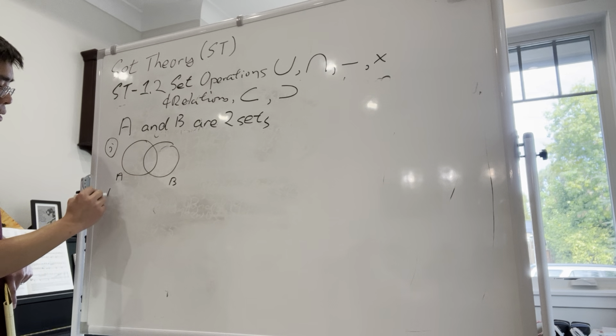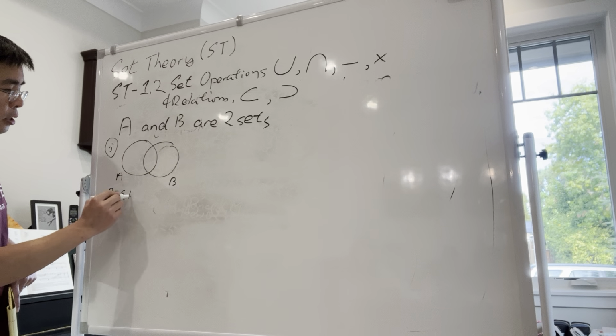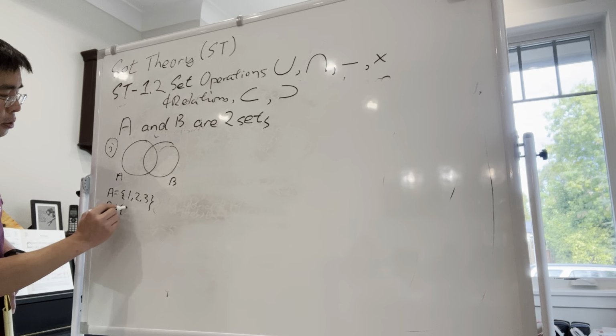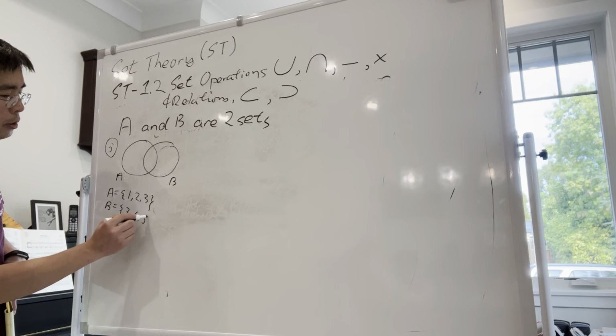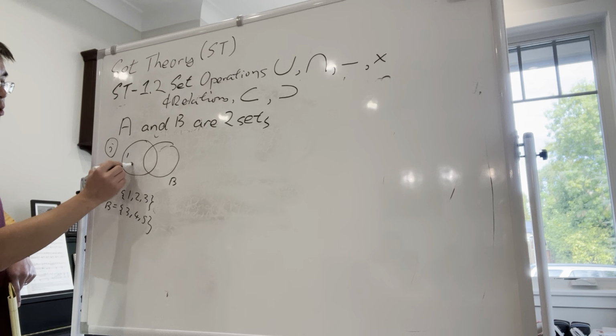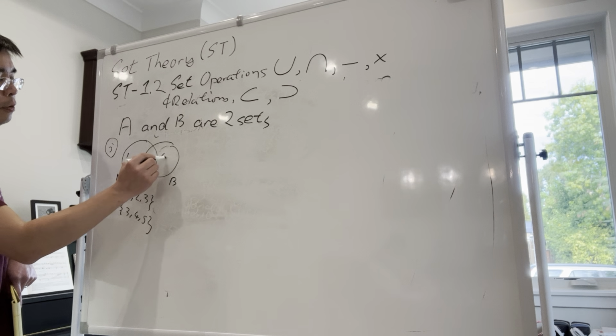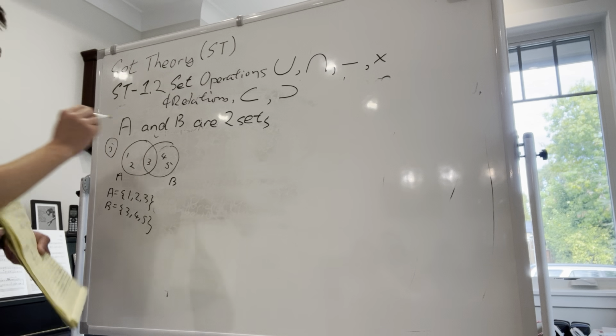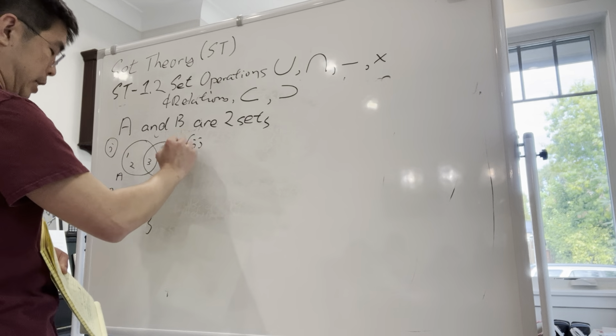An example could be, let's say A is 1, 2, 3. B is, let's say, 3, 4, 5. Then in that case, we have a 1 here, 2 here, 3 here, 4 here, 5 here. Okay? But there are other possibilities.